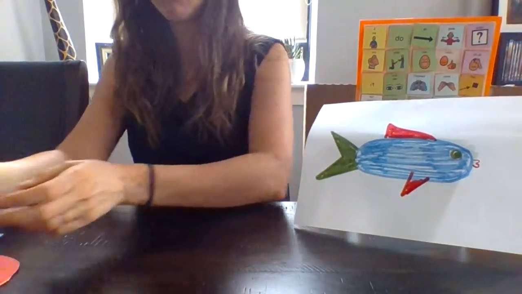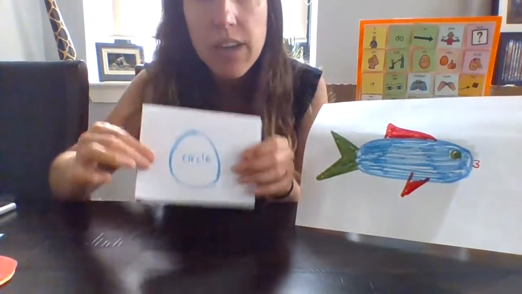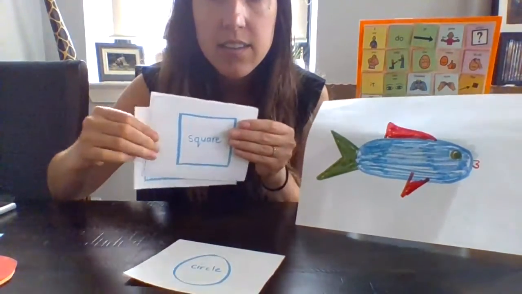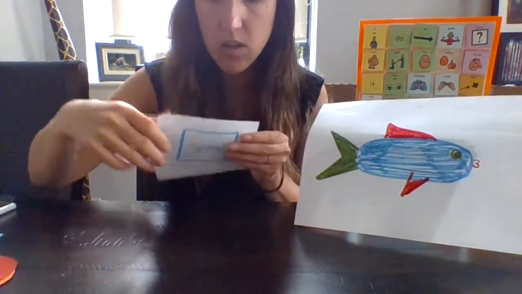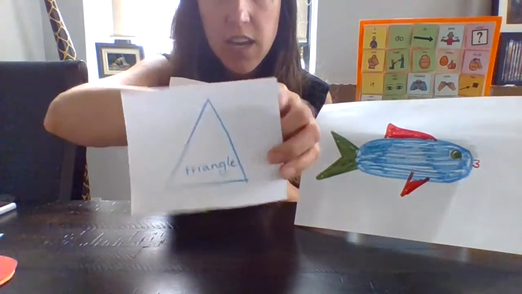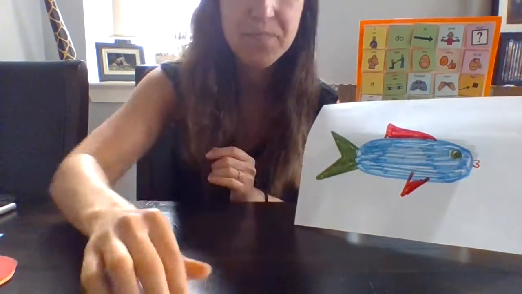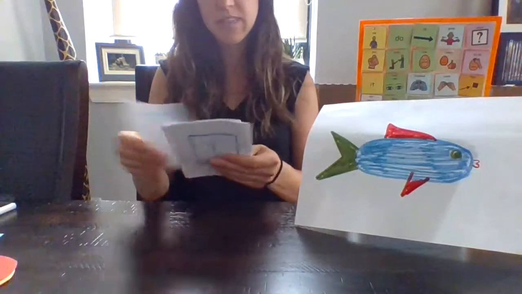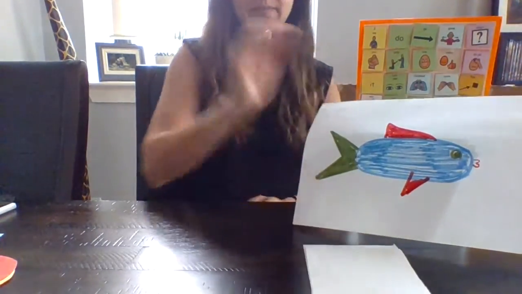Another way that you can build your fish is by playing a game. I've created some cards. One says rectangle, one says circle, one says triangle, and the other one says square. I'm going to mix them all up and set them down.